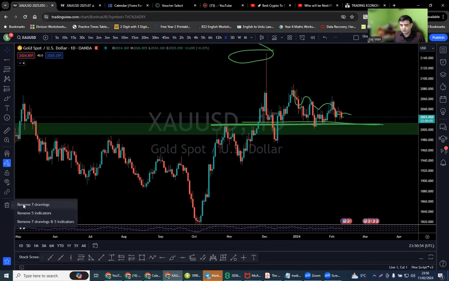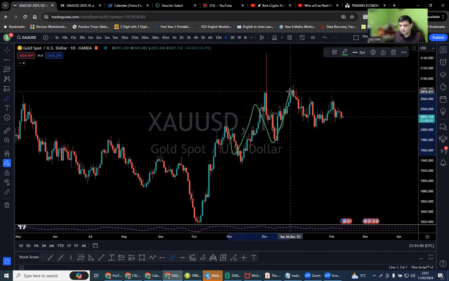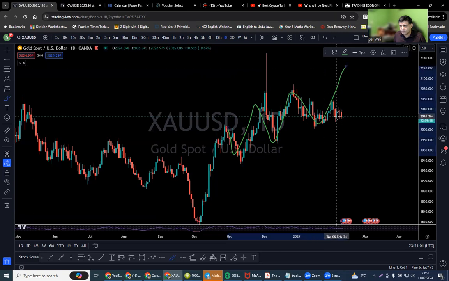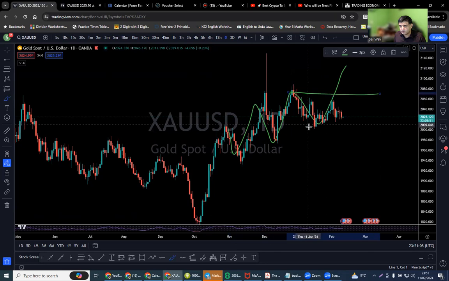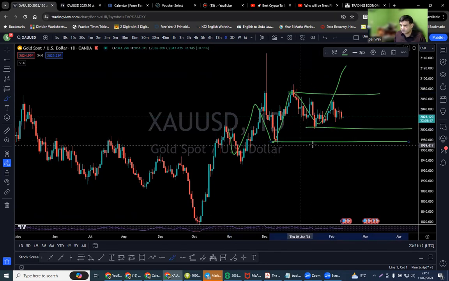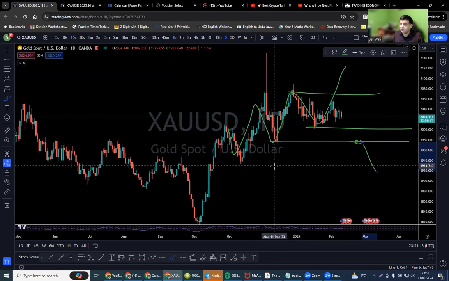Let me remove all these lines. Daily, you can see the market is making higher highs, and then this is a retracement, this area, and this is another level here. So if this level is broken, we'll consider the market is in bearish mode in daily.